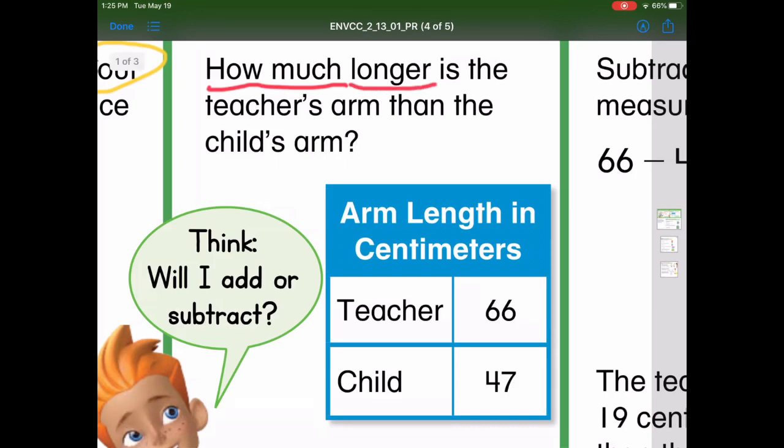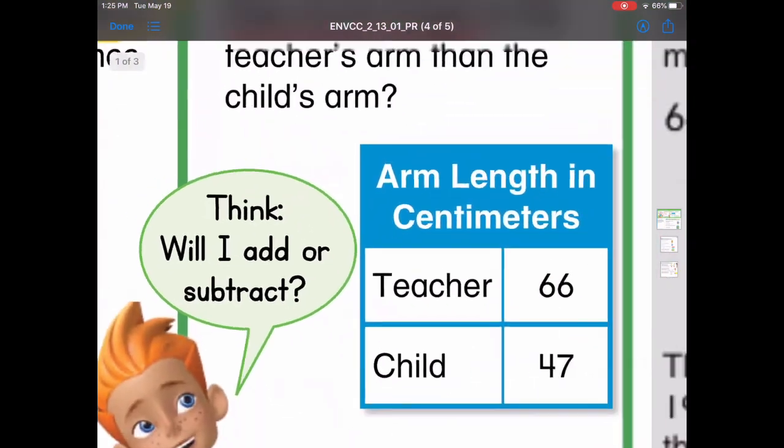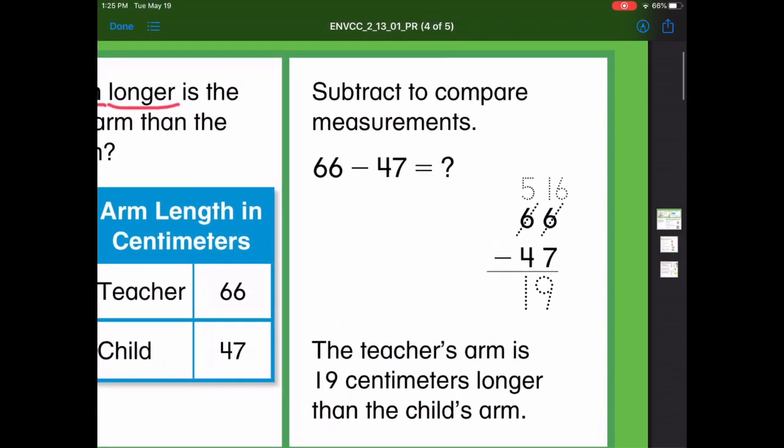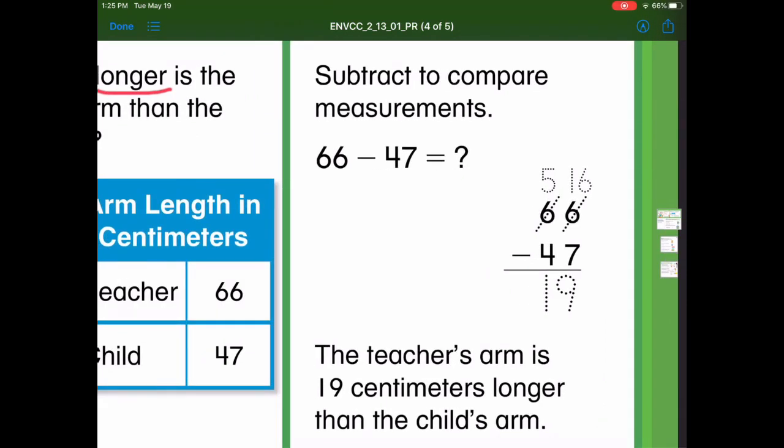So when our friend says, will I add or subtract? In this scenario, we're going to subtract. We know that the teacher's arm is 66 centimeters and the child's is 47 centimeters. So you would subtract to compare the two measurements, to find out the difference. And the teacher's arm is 19 centimeters longer than the child's arm.